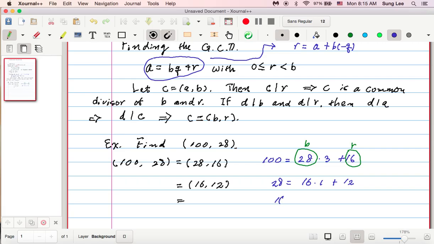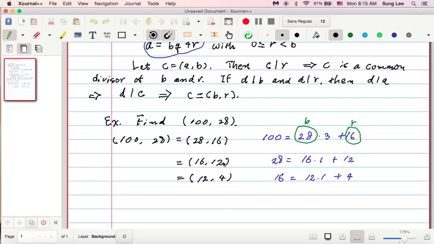So 16 equals 12 times 1 plus 4. So that equals the GCD of 12 and 4, but 12 is a multiple of 4. So we found it.